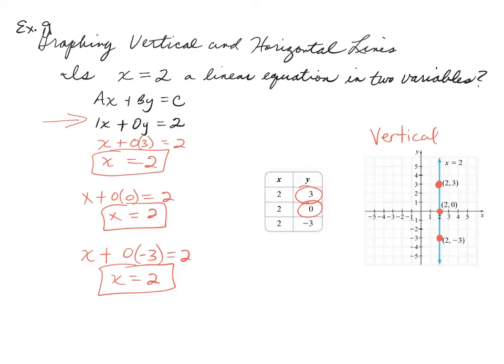In fact, whenever you have x equals any constant, c meaning a constant, so x could be negative 3, x could be negative 152, x can be 1,000. If it has the equation x equals a constant, the graph will be a vertical line going through the x-axis at that point.